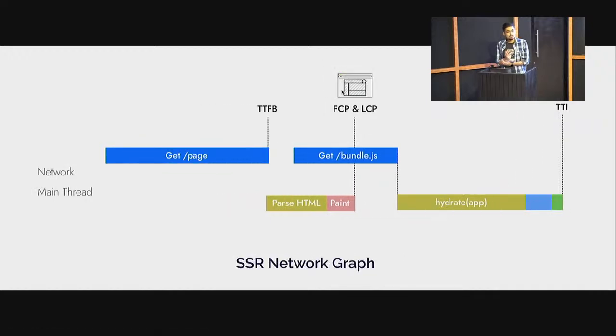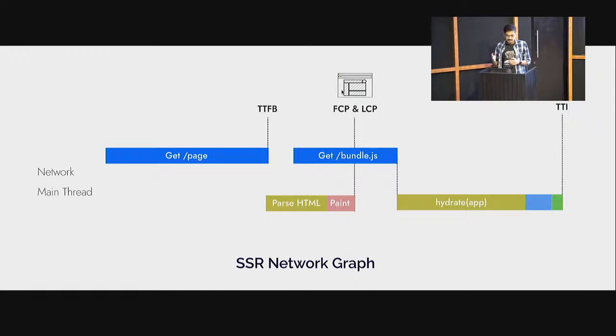So now where do static site generation and incremental static regeneration fit in this? With static site generation and incremental static regeneration, for example what Next.js does, with static site generation it generates the HTML at build time and caches it, and with incremental static regeneration it caches it per request.